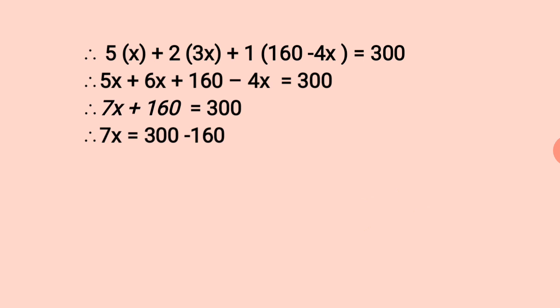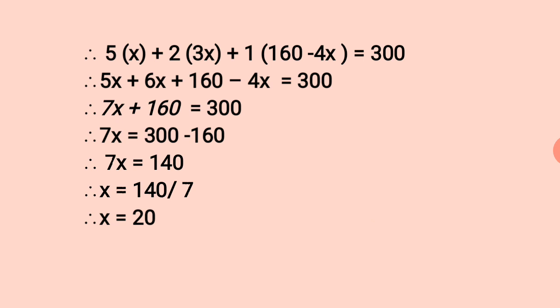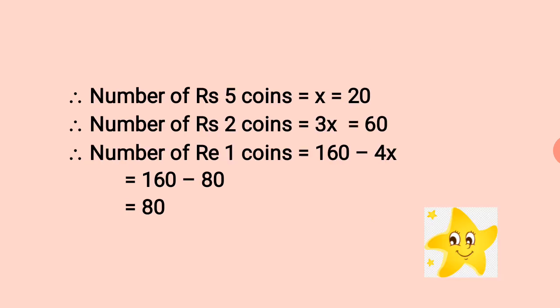160 will be transposed initially. 7x equal to 140. 7 will be transposed and you will get x equal to 20. Now what was your x? It was the number of 5 rupee coins. So the number of 5 rupee coins is 20. The number of 2 rupee coins, that was 3x, is 60.